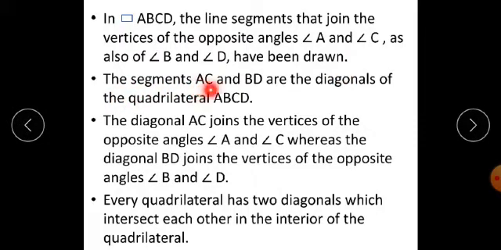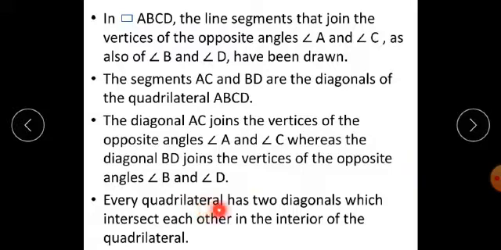Therefore, the segments AC and BD are the diagonals of the quadrilateral ABCD. The diagonal AC joins the vertices of the opposite angles A and C, whereas the diagonal BD joins the vertices of the opposite angles B and D.